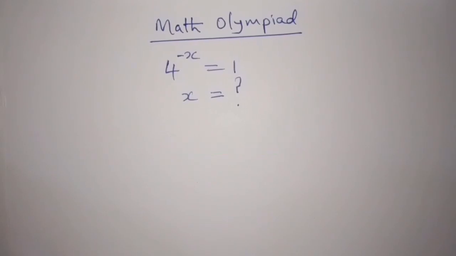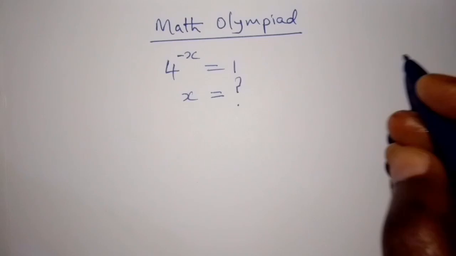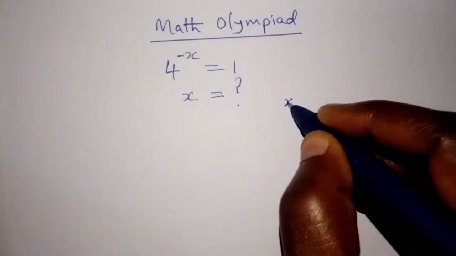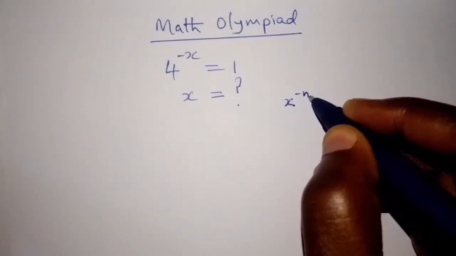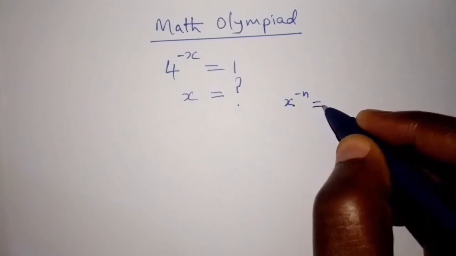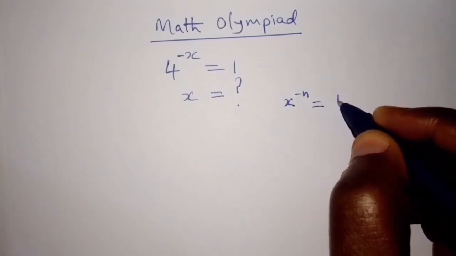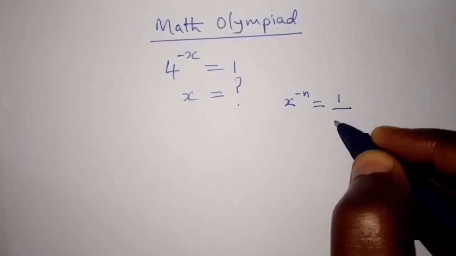4 power negative x is equal to 1. How can we find the value of x? We are going to make use of the exponential rule that says that x power negative n is equal to 1 over x power n.